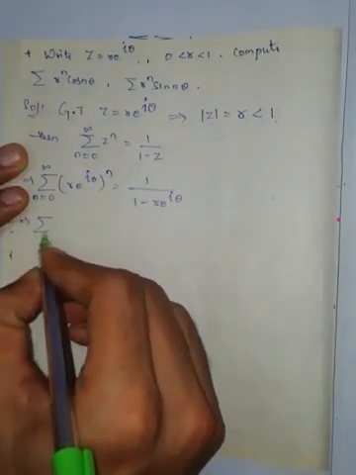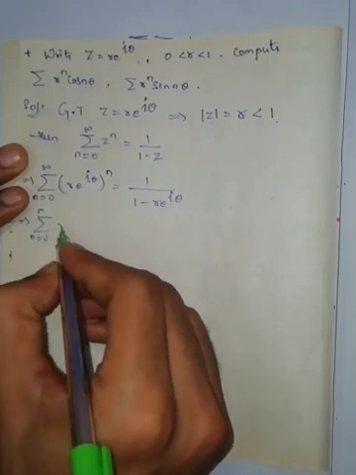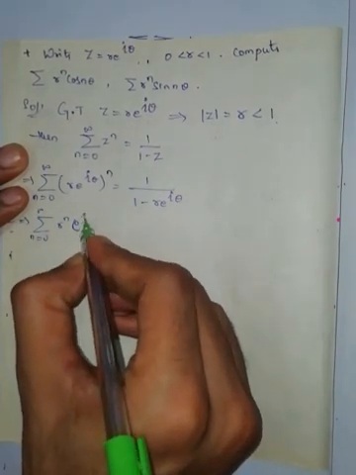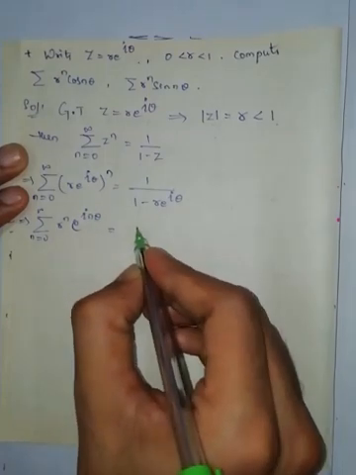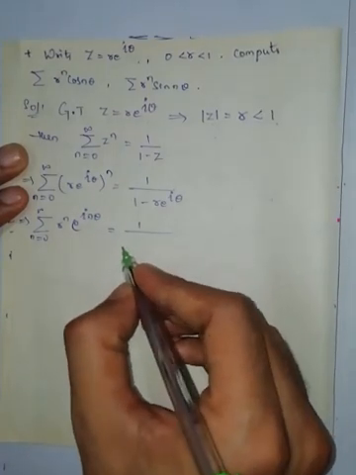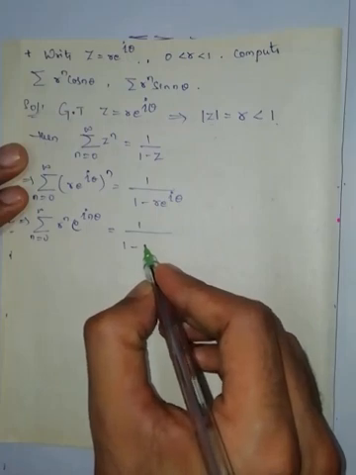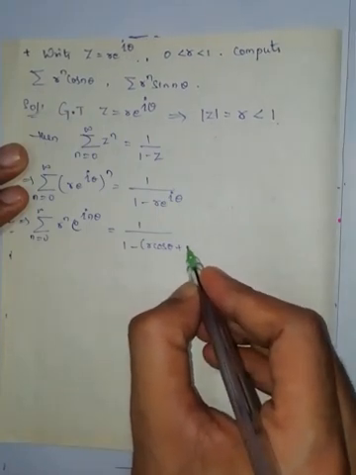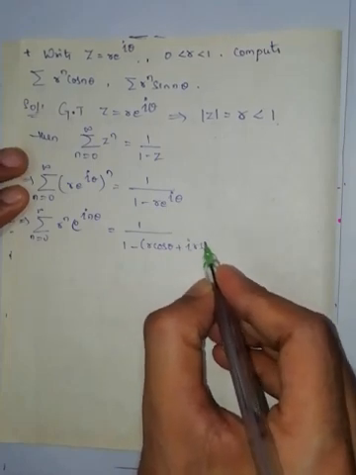This implies summation n is equal to 0 to infinity r to the power of n e to the power of iota n theta is equal to 1 by (1 minus r cos theta plus iota r sin theta).